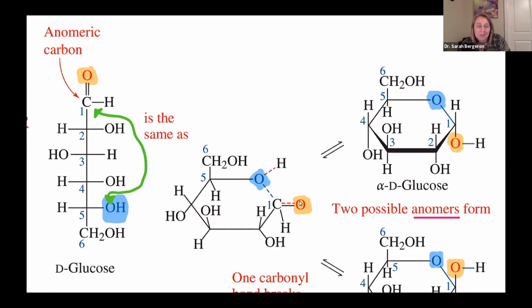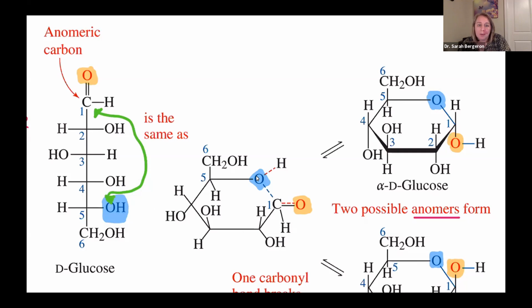Okay. So when you're drawing this structure, you want to remember that it's going to turn into a ring, and you've got to think about what's going to be in that ring. You start counting from the carbonyl carbon. We're going to have 1, 2, 3, 4, 5 carbons and 1 oxygen for a total of 6 atoms in the ring.